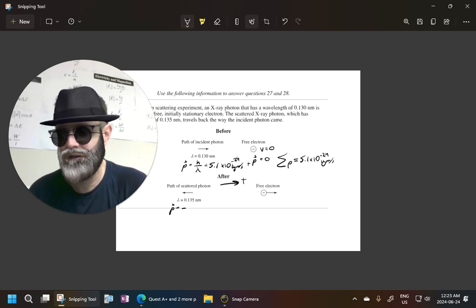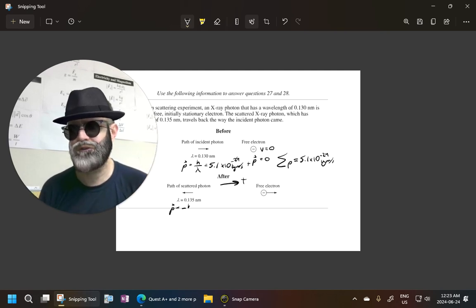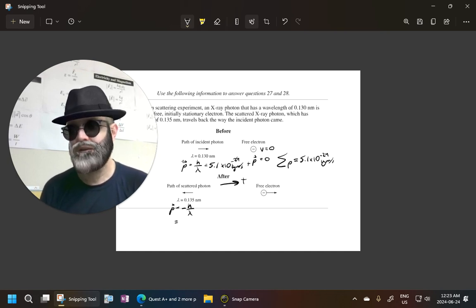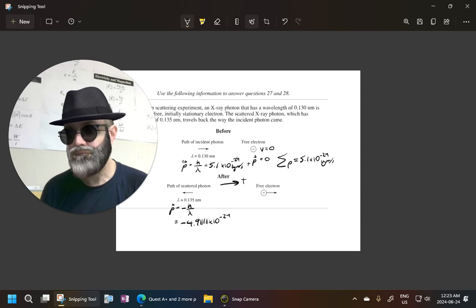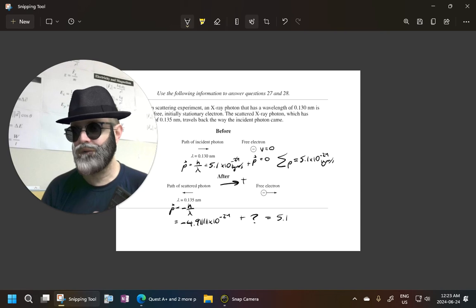So it's h over its wavelength. This is going to be, if I did this correctly, negative 4.911111 times 10 to the negative 24, plus whatever this question mark is, and it's got to add up to this 5.1 times 10 to the negative 24 kilogram meters per second again.